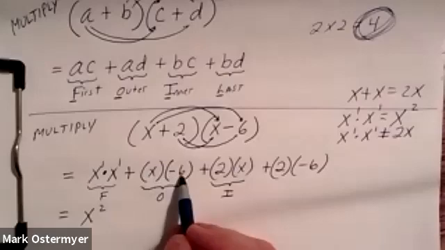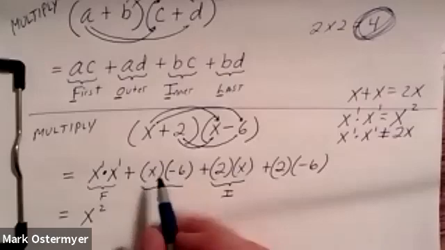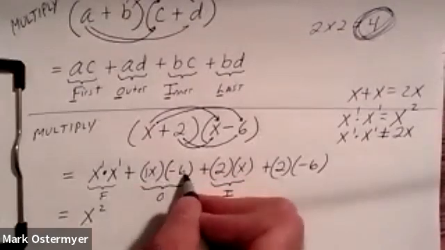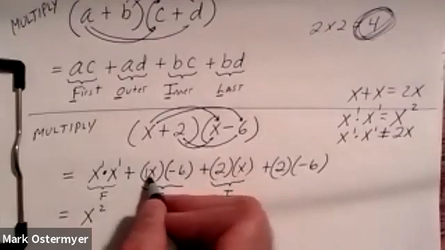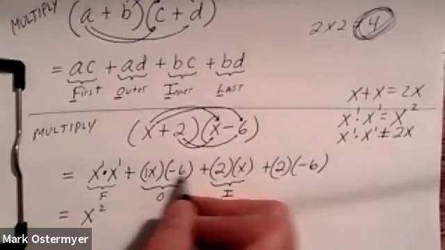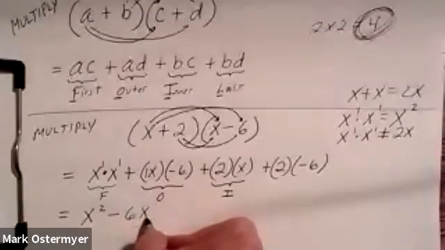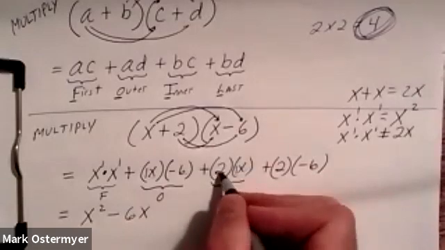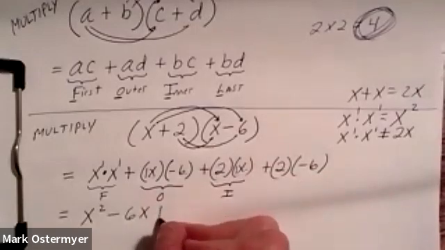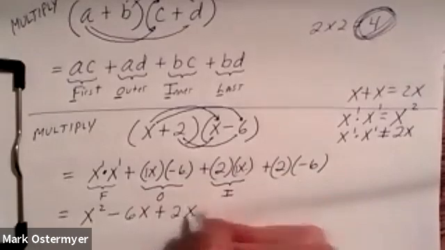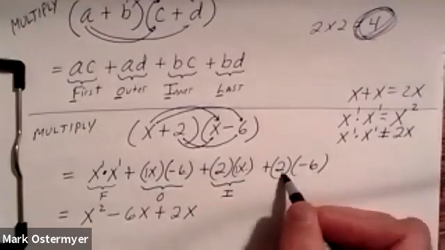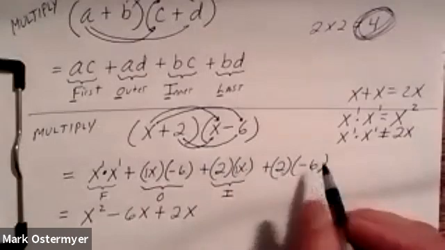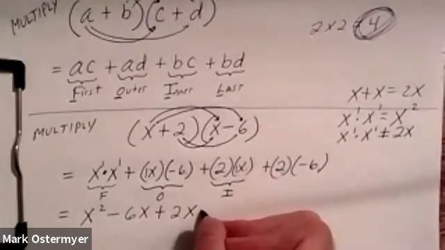What's x times a negative 6? What's 1x multiplied by a negative 6? Negative 6x. Minus 6x. What's 2 times x? 2 multiplied by x is plus 2x. 2 multiplied by a negative 6 is plus a negative 12, or we can just say minus 12, same thing.